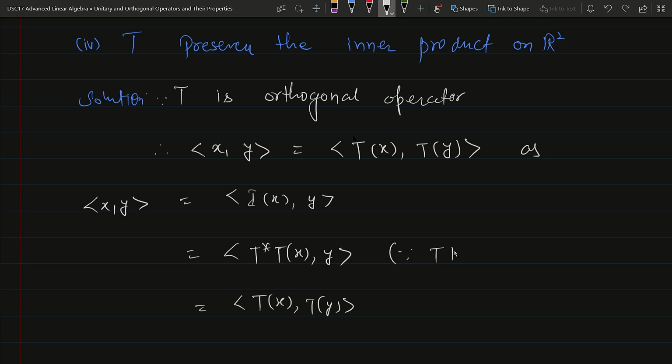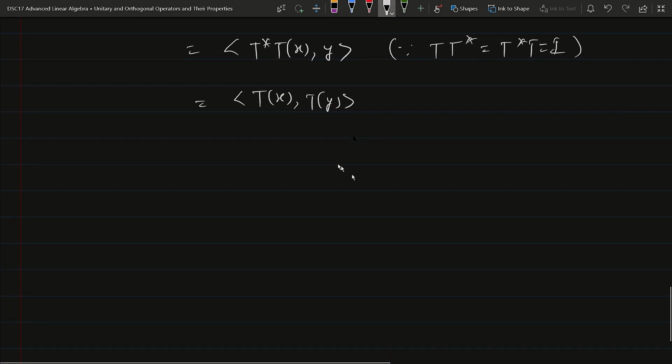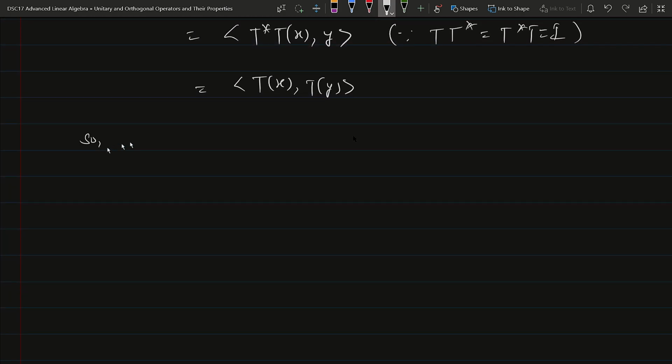Since T star T is equal to I, क्योंकि ये ऑर्थोगोनल है, इस वजह से हम लिख पा रहे हैं. ठीक है, so T preserves the inner product.